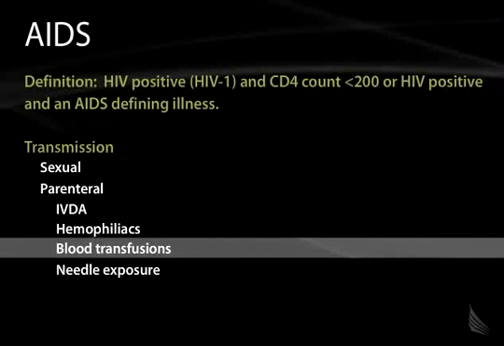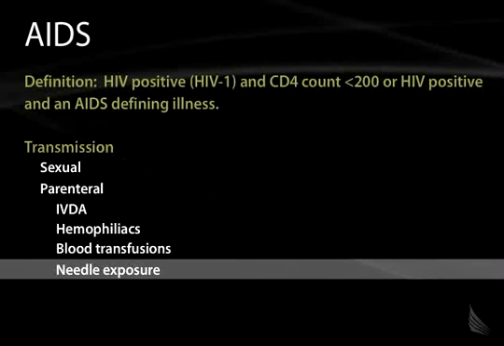Blood transfusions are one way of being at risk at this, although this risk has decreased quite dramatically over the last several years as our screening processes for HIV have become more and more precise. And finally, needle stick exposures that may occur, for example, in health care professionals, are a very minor route of being exposed to HIV.